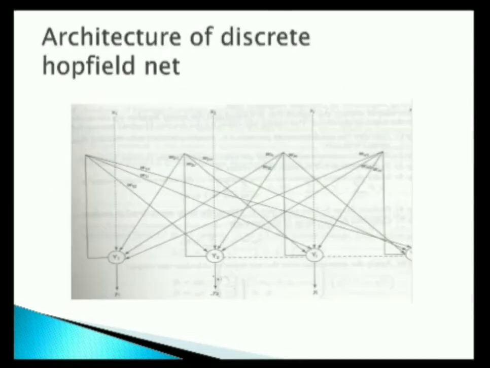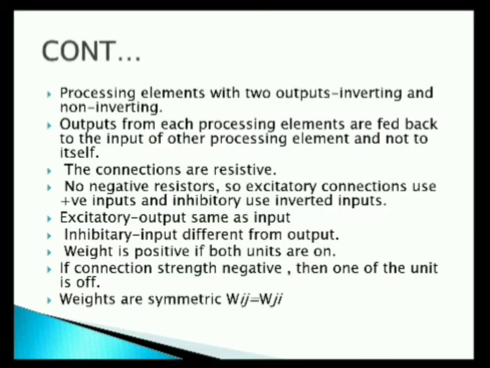This is the architecture, and there is no interconnection between the individual inputs, as we saw in the previous slide. The processing elements have two outputs, inverting and non-inverting. Outputs from each processing element are fed back to the inputs of other processing elements and not to itself. The connections are resistive.